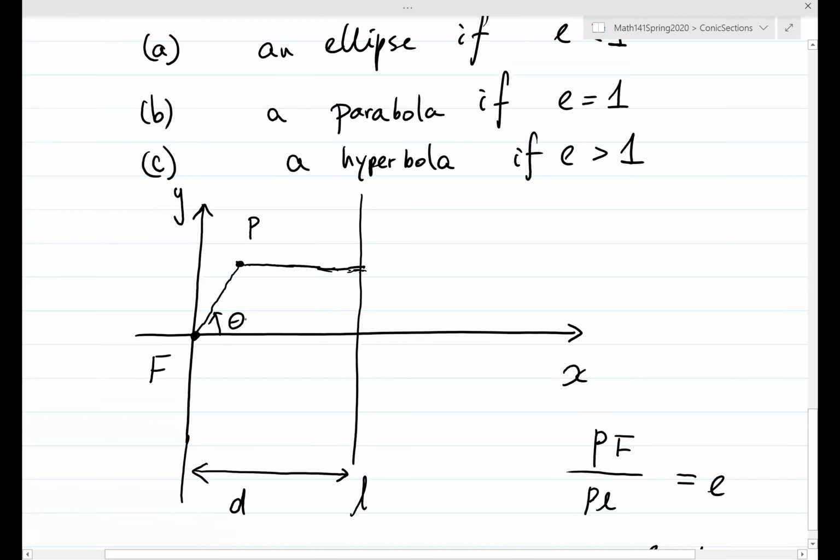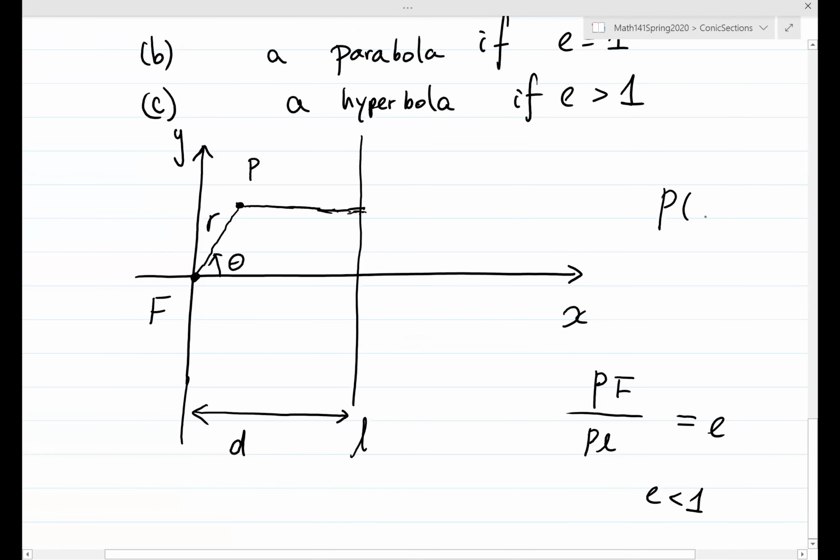We need to find the relation between theta and R, where R is PF. So P is (R, theta) in polar coordinates.